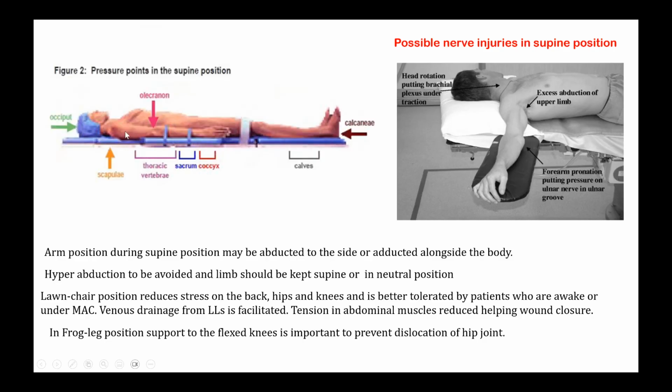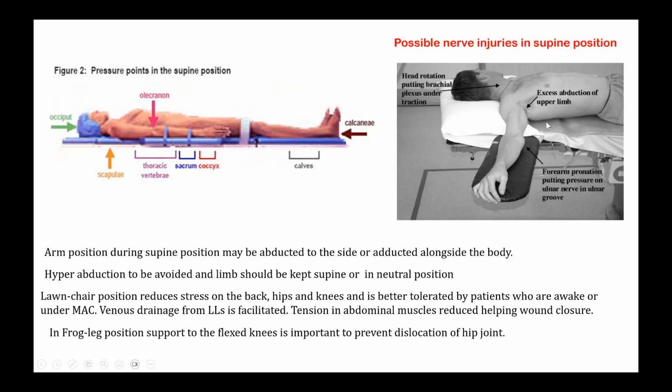And the pressure points which may cause skin damage are the occiput, then the scapular region, then thoracic vertebrae, sacrum and coccyx, and olecranon again, which is a bony point, and calf muscles and the calcaneum. These are the pressure points.